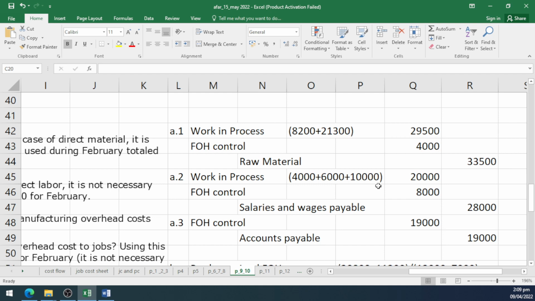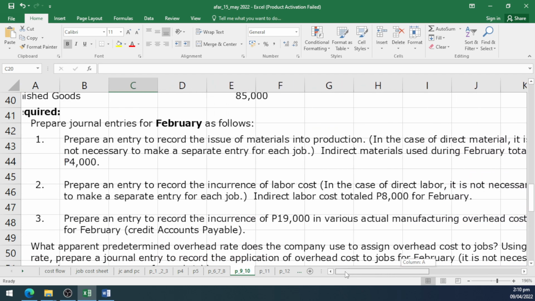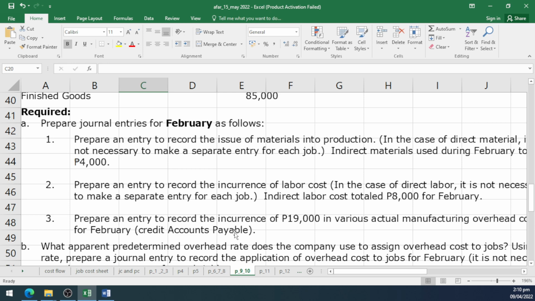So the total direct labor cost incurred for February is 20,000. And then the indirect labor cost is 8,000. So debit work in process, 20,000. Debit to factory overhead control, 8,000, and credit to salaries and wages payable, 28,000.